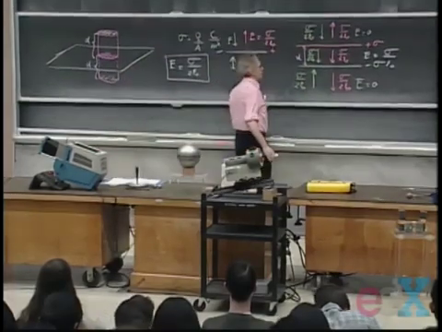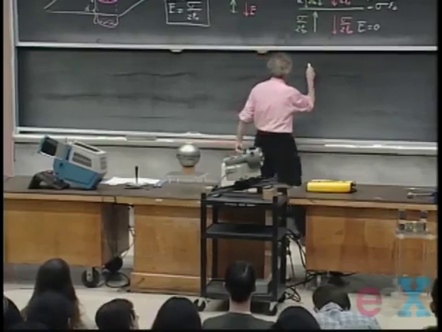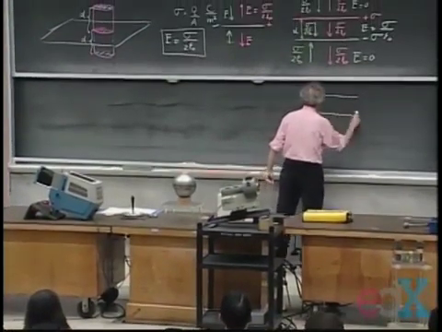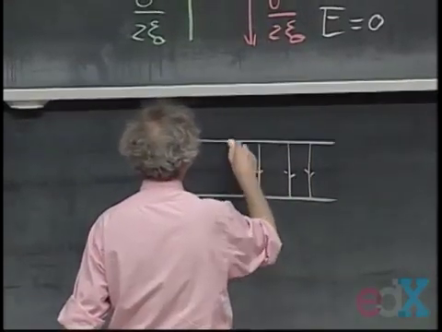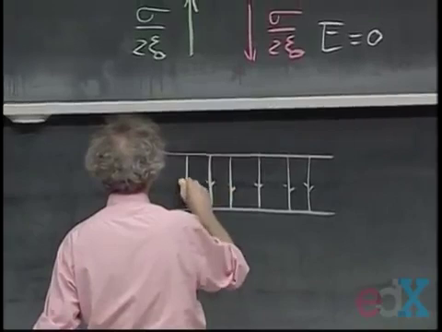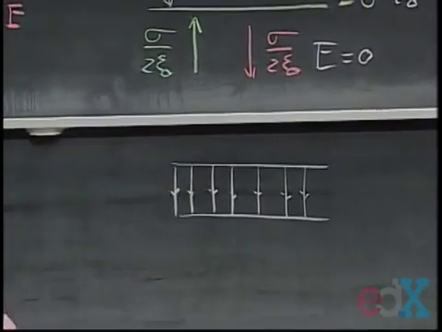And so if I have to draw the field lines in a situation like this, then the field lines would be like so, if the upper plate is positive, and the field in here would be the same everywhere. It would be 0 outside and 0 outside here.